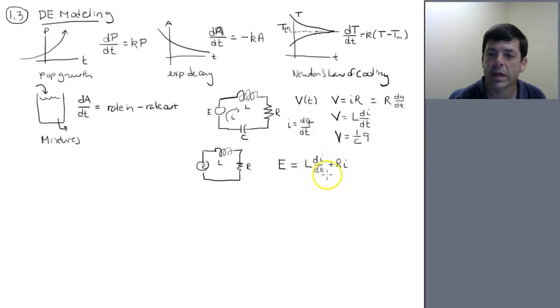This is involving just a function of time. This is involving time, and that's the value i. So this is going to be a first order linear differential equation with constant coefficients.